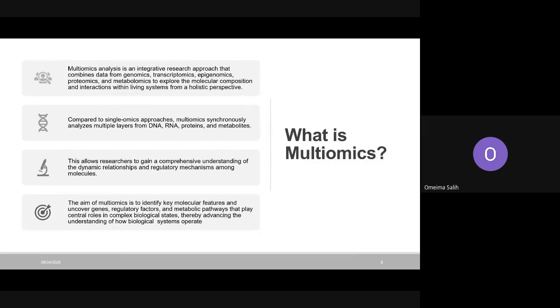So the aim of multiomics is to identify key molecular features and uncover genes, regulatory factors, and metabolic pathways that play central roles in complex biological states, thereby advancing the understanding of how biological systems operate. So it's very important to study multiomics using different omic techniques.